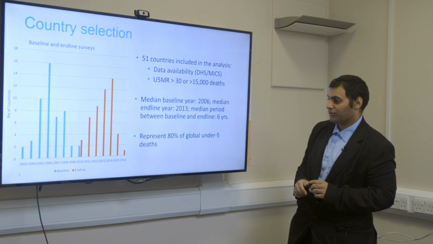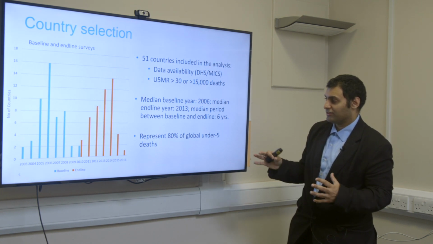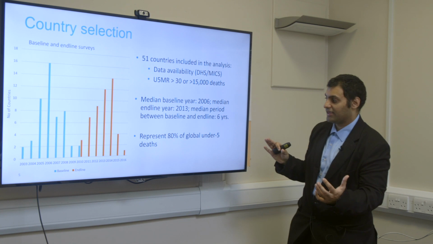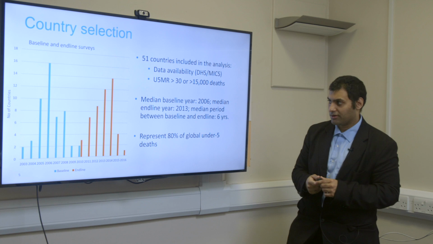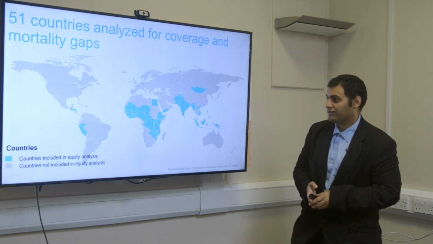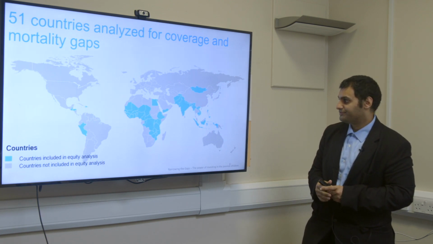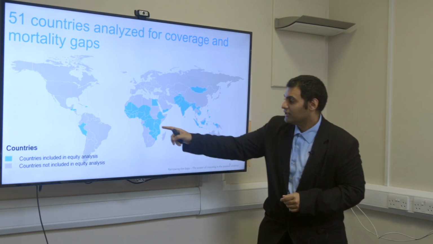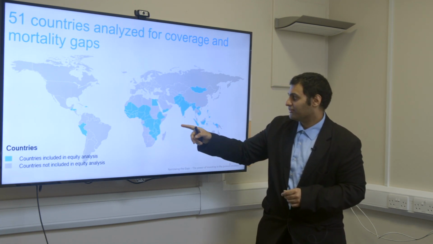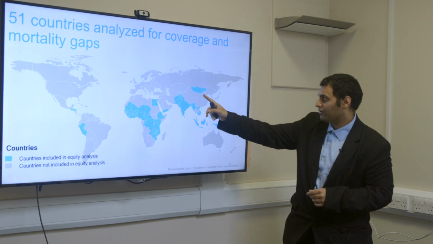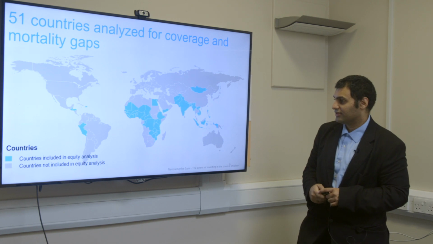What was important about these specific 51 countries was that 80% of global under 5 deaths occurred within them. In terms of which 51 we're looking at, included based on data availability, it's mostly, as you can see, Western and Sub-Saharan Africa where most of these countries' data came from, and also Asia and the Pacific, large contributors to this data.